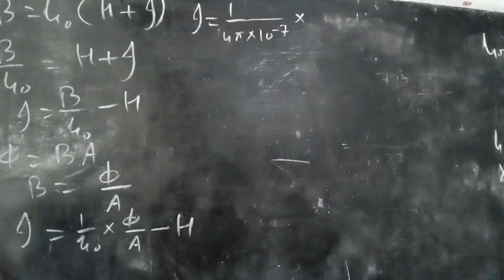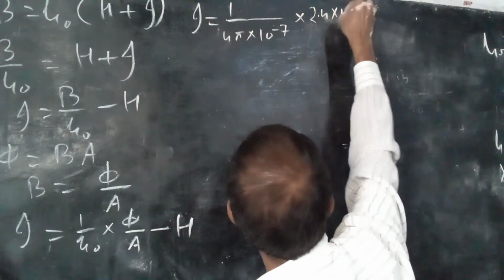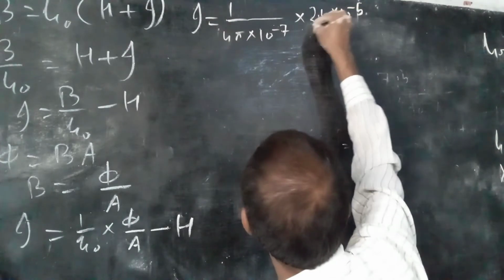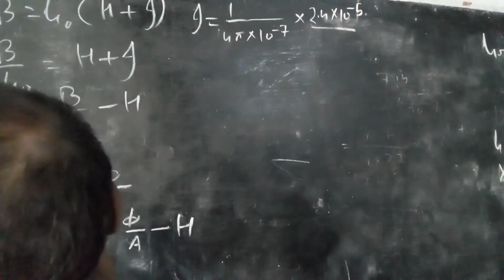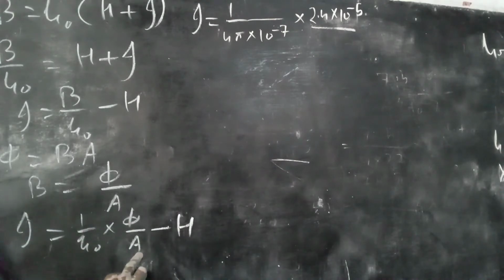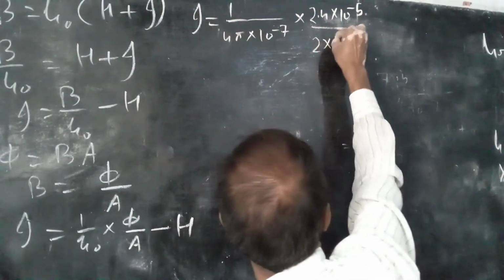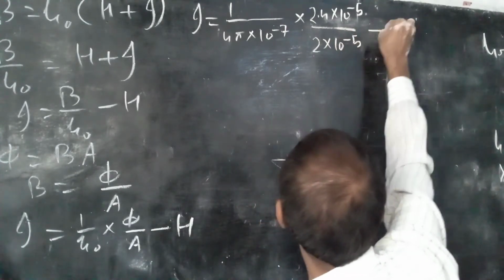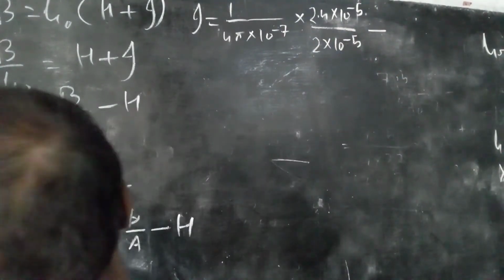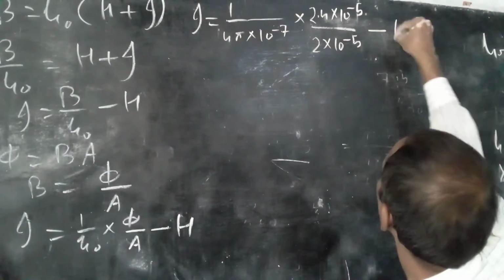Value of 5 is 2.4 into 10 raised to power negative 5 upon A. Value of A is 2 into 10 raised to power minus 5, minus H. Value of H is 1600. So write it 1600.